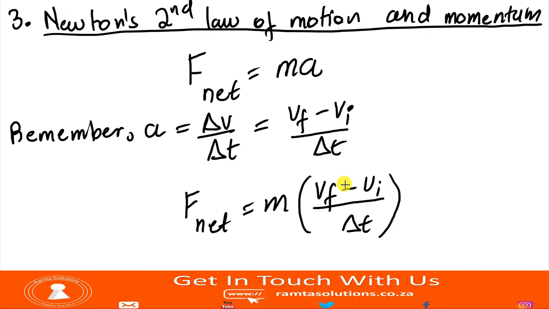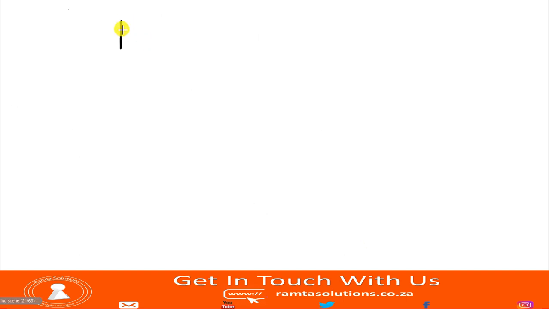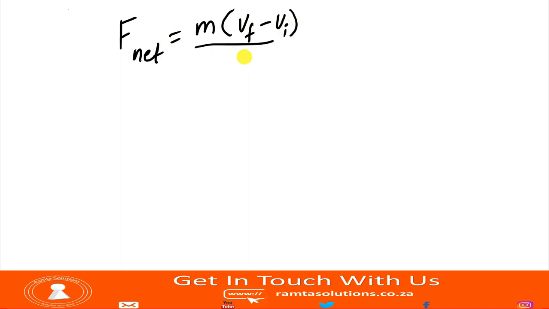Now proceeding, you guys now see that F net is equal to m multiplied by (v sub f minus v sub i) all over delta t. Now, I need to ask you guys a question.